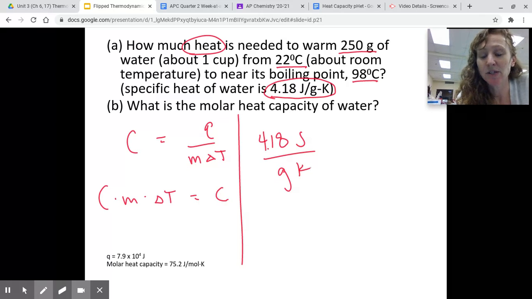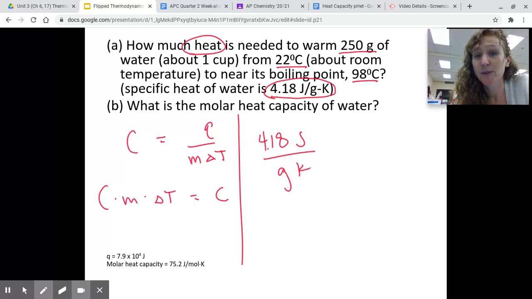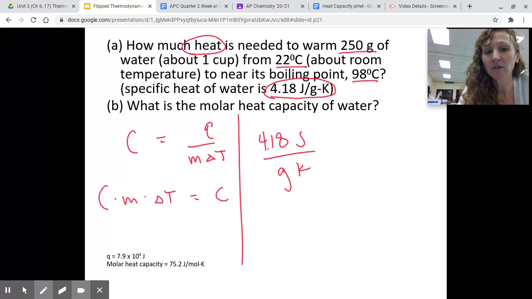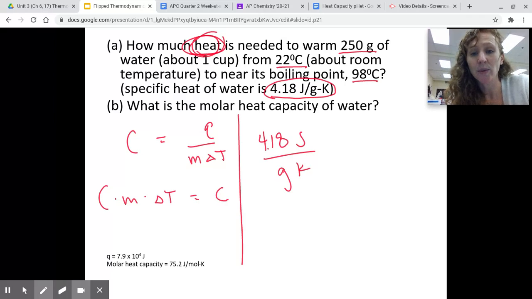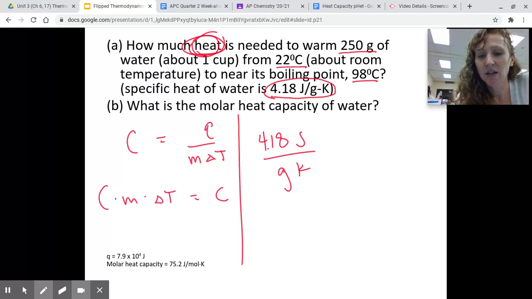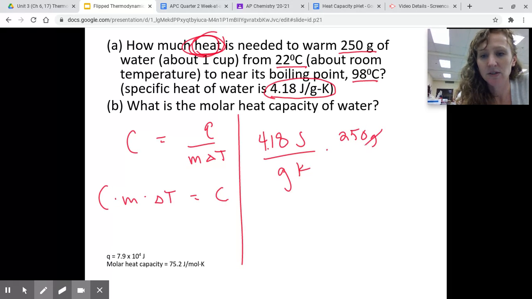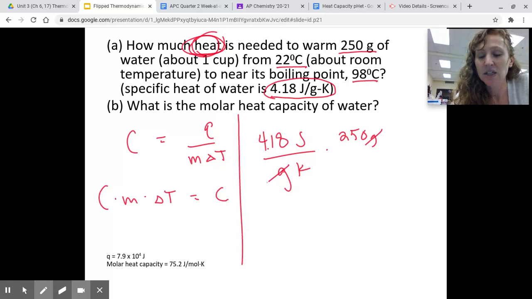So to do that, I'm just going to identify all of the variables that I don't want and try to eliminate them. So I'm looking for heat. The unit on heat is joules. So I want to get rid of grams and Kelvin, and I want to keep joules. To get rid of grams, I'm just going to multiply by 250 grams, so grams disappears. To get rid of Kelvin, I need to multiply by the change in temperature in Kelvin.